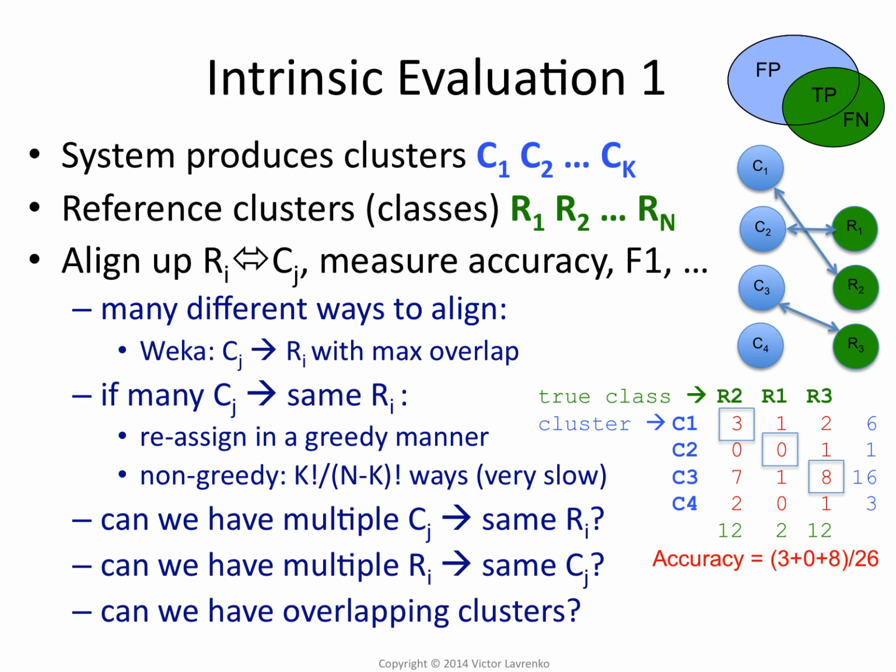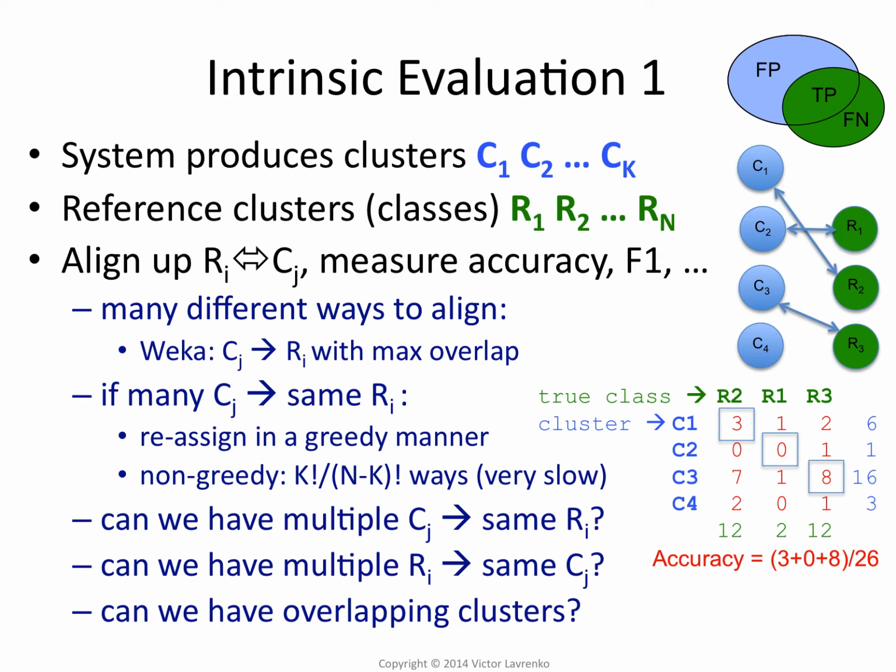Every cluster be the size of the data set. No, that wouldn't be very useful. But you're kind of thinking it's related to that, yes. Okay. I'm allowed to have overlapping clusters. Suppose my clustering system outputs the power set of my data set, the set of all possible subsets. What accuracy would that have?